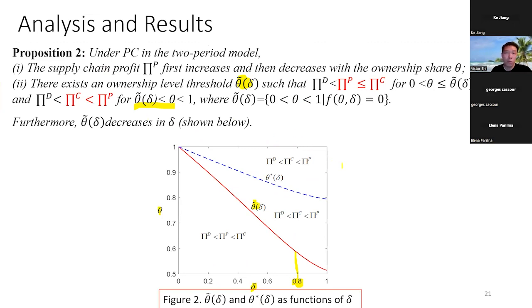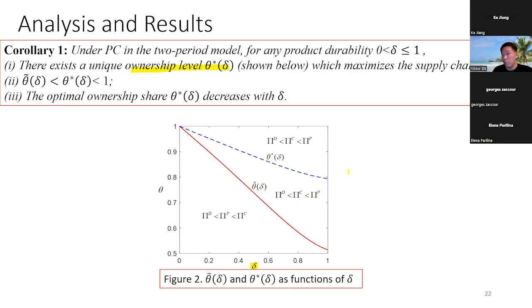But basically, those two results, number one, show that partial centralization is better than complete centralization. We do have a potential problem, which is that, as you can see from the threshold and also the optimal ownership share, the number is pretty high. If you look at this threshold, the minimum is about 51%, and for the optimal ownership share, the minimum is about 80%.